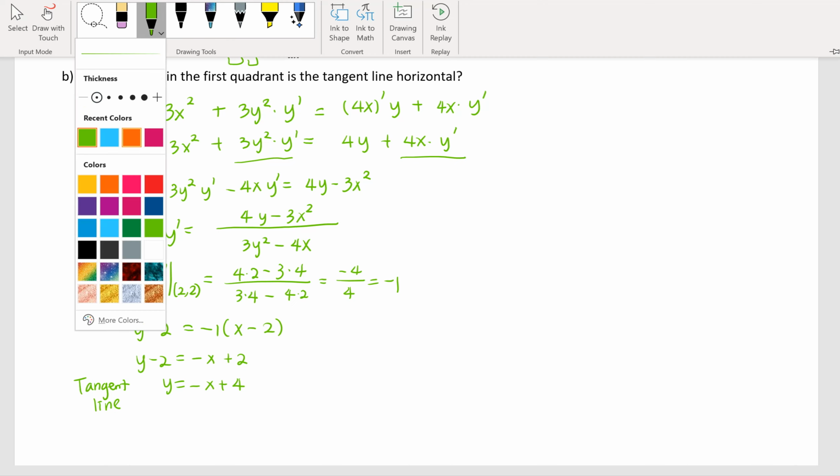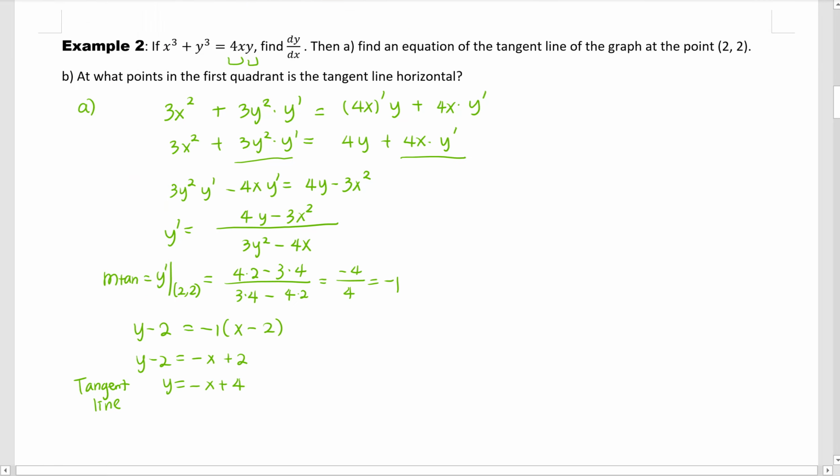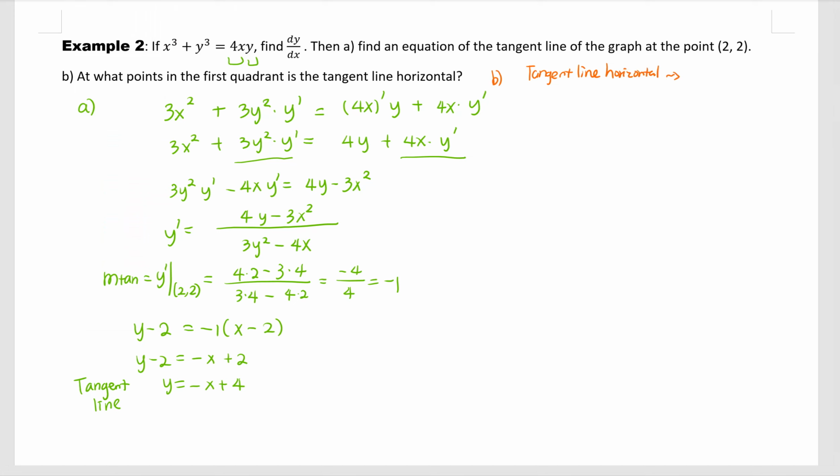Okay, so I want to summarize here with you. So this is part B. The tangent line is horizontal. What does that mean? Well, it means your derivative is 0. It means the numerator of your derivative is 0.